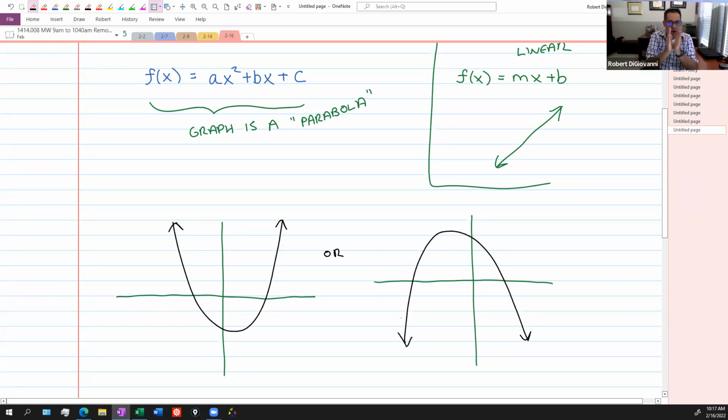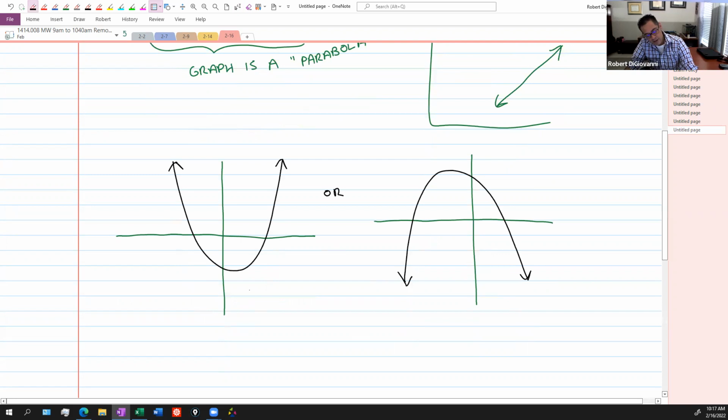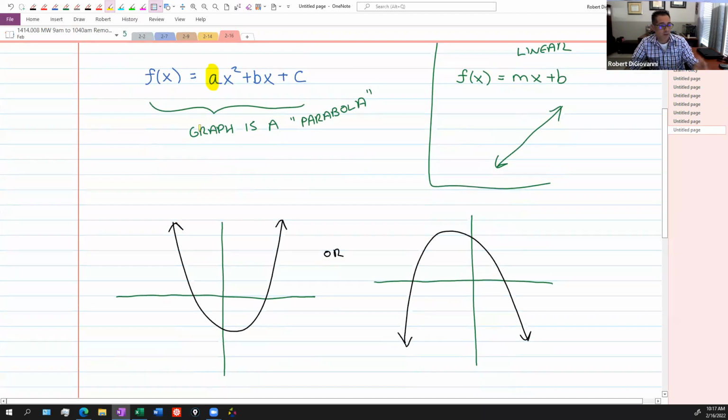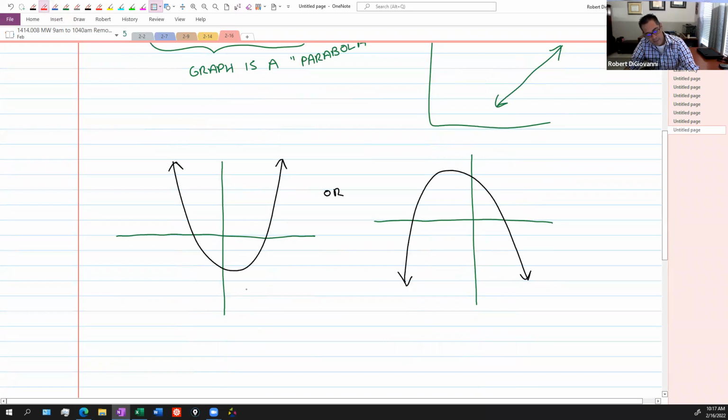It may be very narrow or very wide, but they're all going to look like a U that's either up or down. And there's an easy way to determine which of these two it is. The easy way is to just look at the number in front of x squared. That number, a, whatever it is, dictates whether you have a parabola that goes up or down. This will happen if a is positive. This will happen if a is negative.